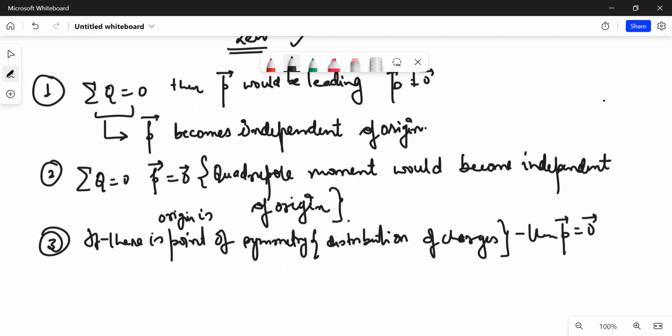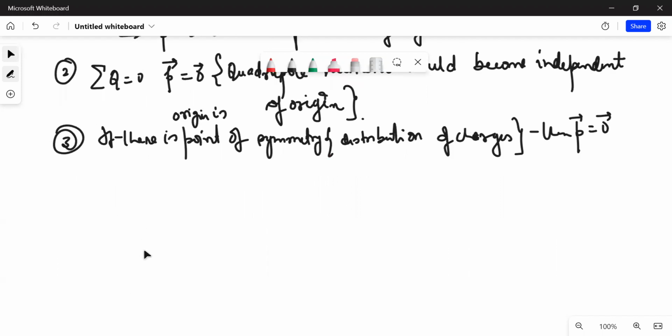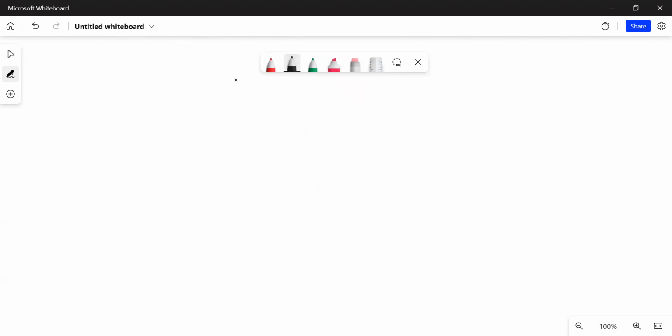So these three points are the gist of the lecture that we did in the last 1.5 hours. Let us move forward and see how questions are asked in the examination, how you're tested.